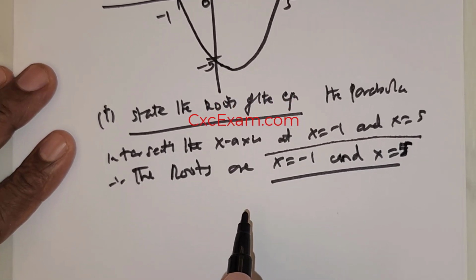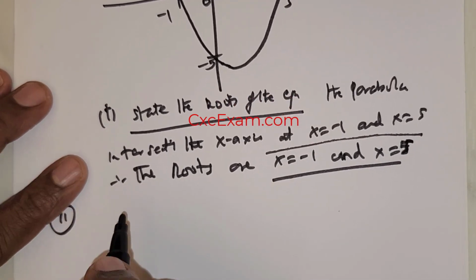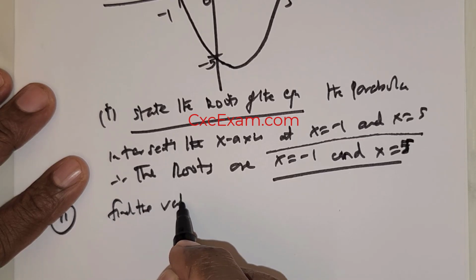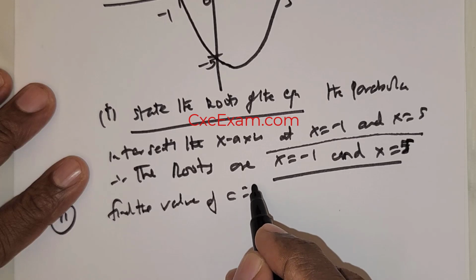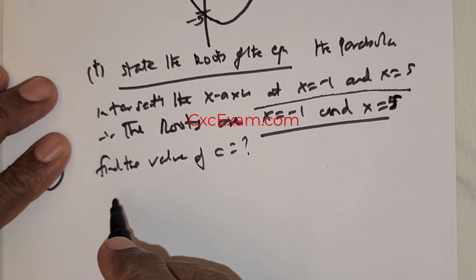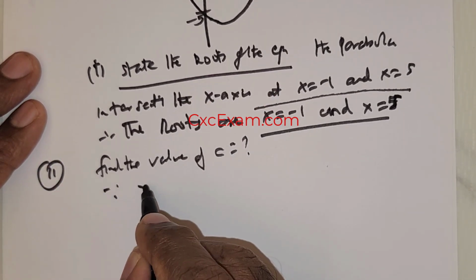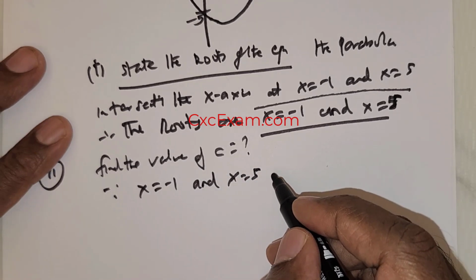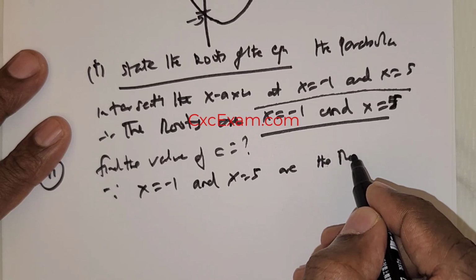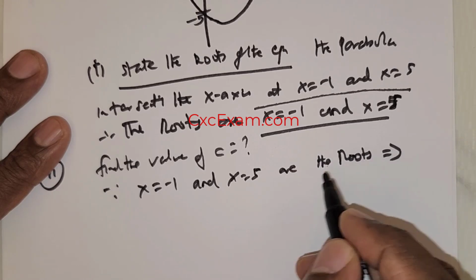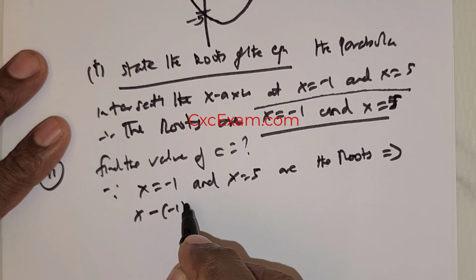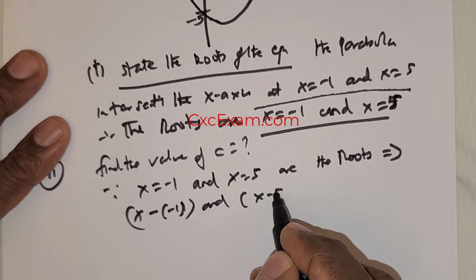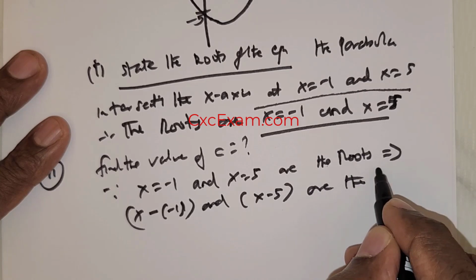First part. Now moving on to the second part. Find the value of C. Now this is a solution. Since x is equal to -1 and x is equal to 5 are the roots, this would mean x negative of -1 and x negative 5 are the factors.